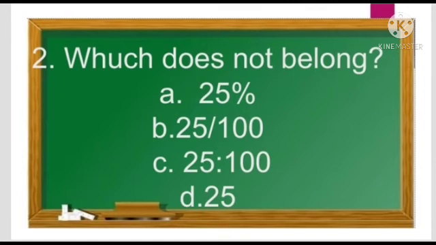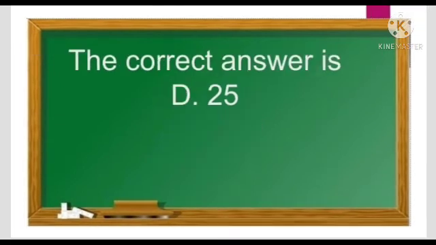Which does not belong? A, 25%, B, 25 over 100, C, 25:100, or D, 25. You have 3 seconds to write your answer. Ready? Go! Time's up. The correct answer for number 2 is letter D. You are correct.